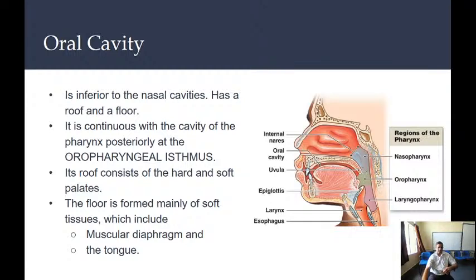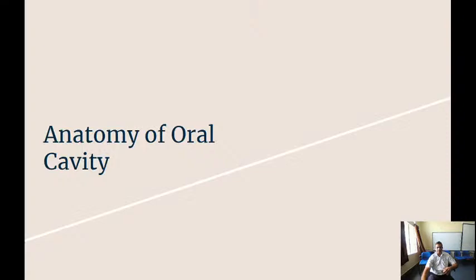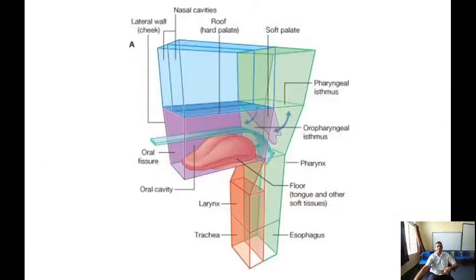This is a diagrammatic representation of the oral cavity. The blue one is the nasal cavity, which is above the oral cavity. The floor of the nasal cavity is formed by the hard palate, the maxillary bone and the palatine bone, and that forms the roof of the oral cavity. Anteriorly is the oral fissure and posteriorly the oropharyngeal isthmus.